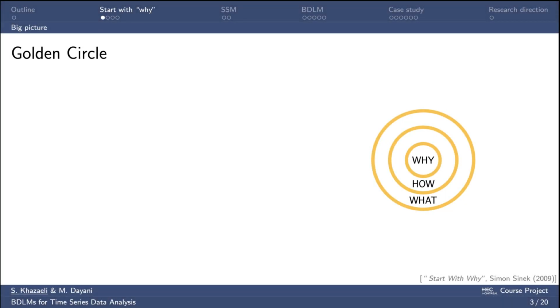Let me give you the big picture in 3 steps, which I call the golden circle. So, if we can manifest our thoughts based on these 3 simple questions, then we can connect the objectives in a deeper level to understand the problem statement. We start by asking this question: why do we want to analyze time series? And the answer is about the importance of the time series analysis and its purposes.